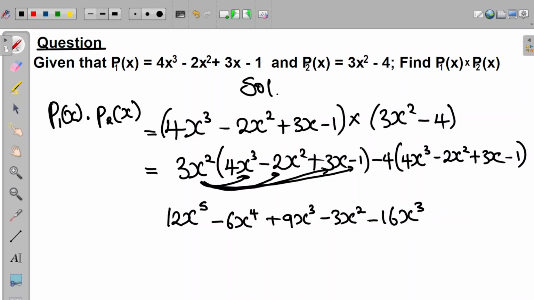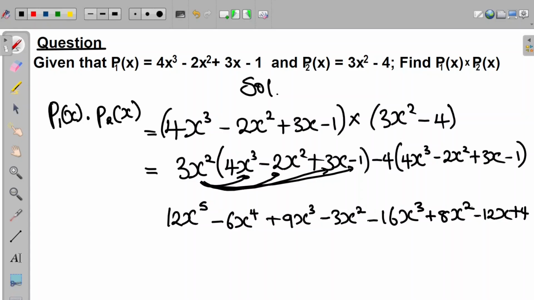Minus 4 times minus 2x squared is giving us plus 8x squared. Minus 4 multiplied by 3x is giving us minus 12x, and plus 4, because minus 4 times minus 1 is 4.